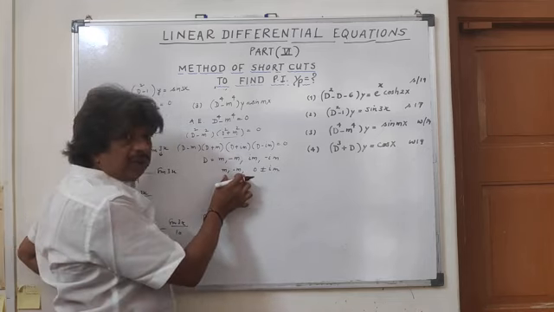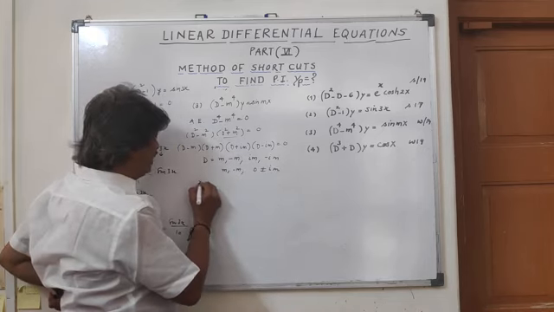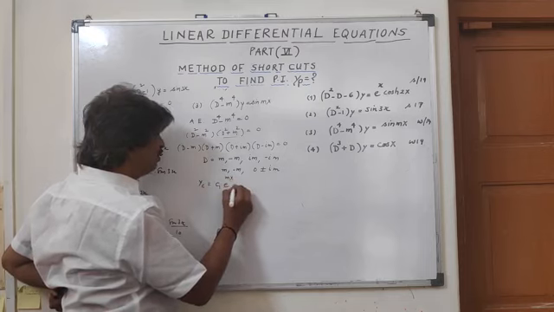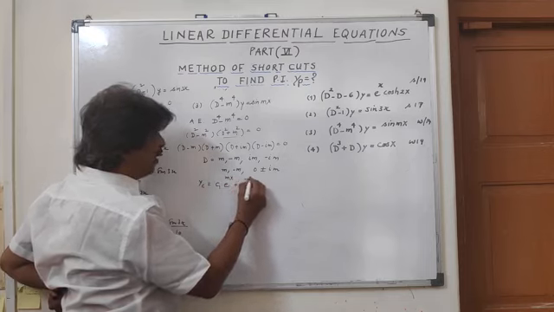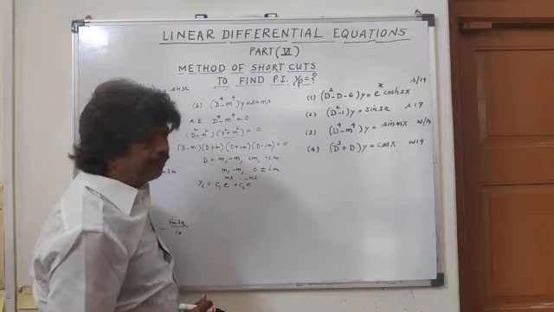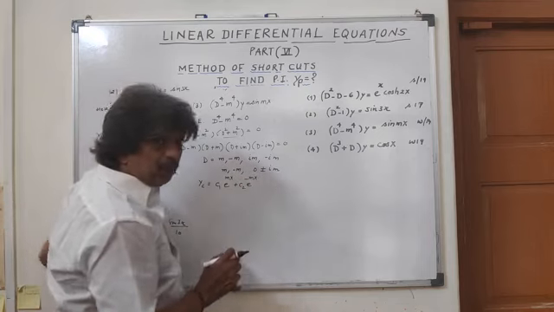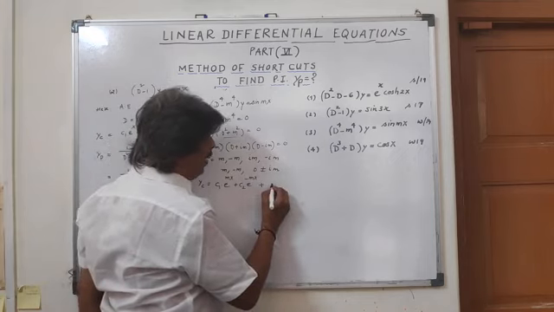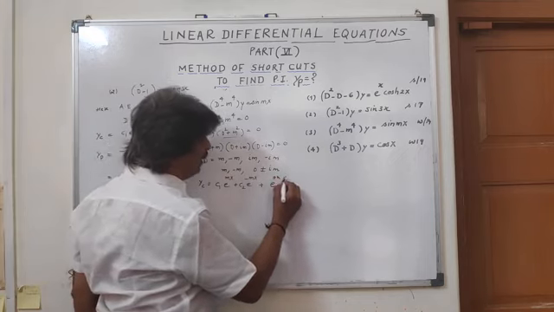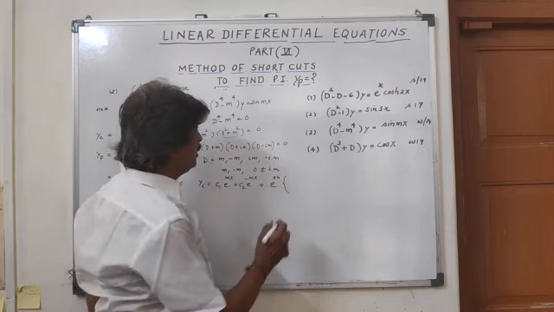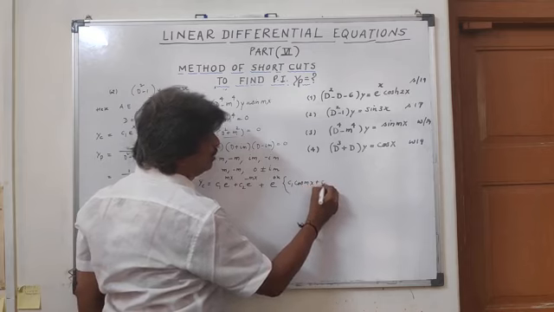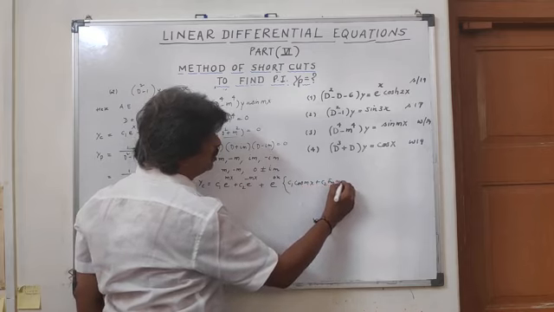So corresponding to these real distinct roots, yc is c1 e to the power mx plus c2 e to the power minus mx. Corresponding to this complex conjugate root, e to the power alpha x, e to the power 0x times c1 cos mx, beta is m here, plus c2 sin mx.